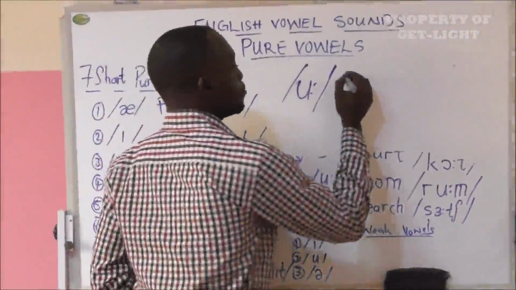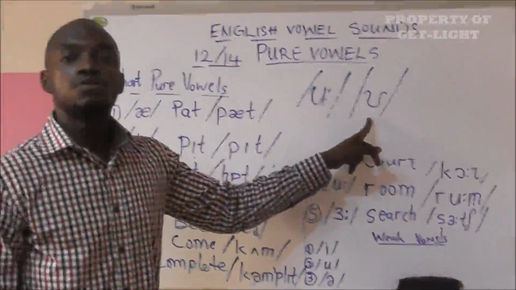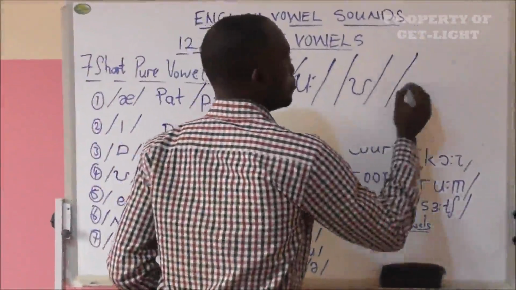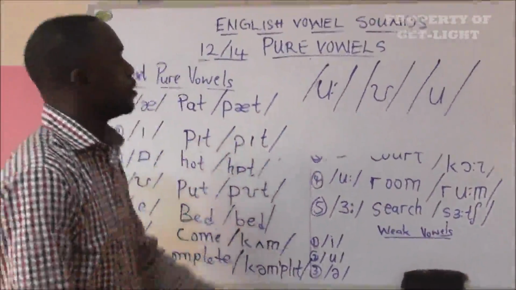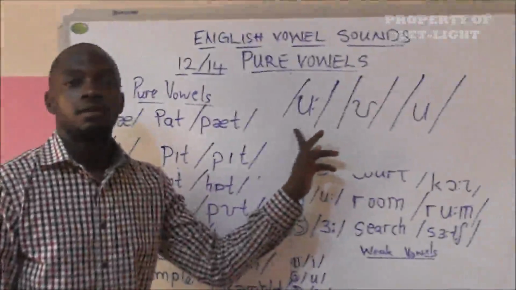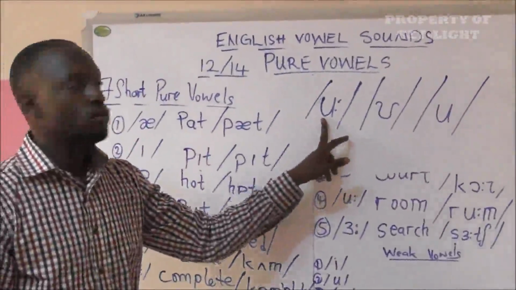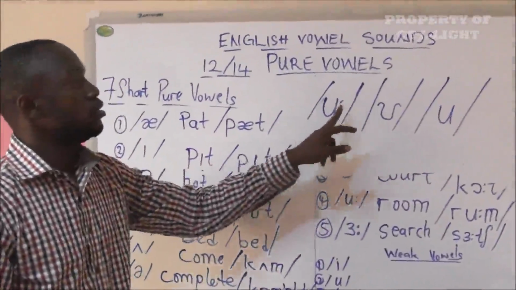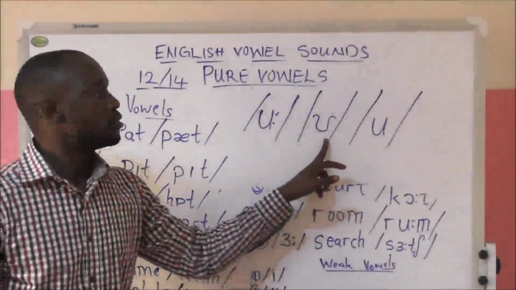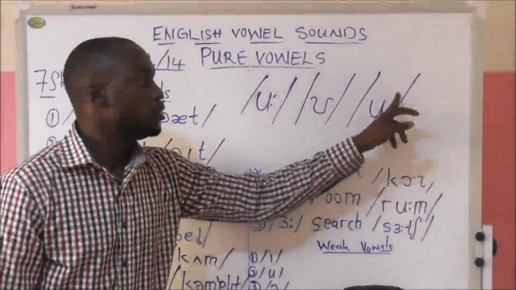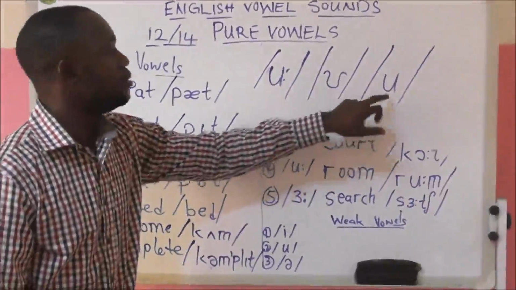Take note of the symbols, the way they appear. This one is the letter U with the 2 dots. This one looks more like a flower verse. This one is the letter U without dots. Please don't make the mistake of using this for this or this for this.